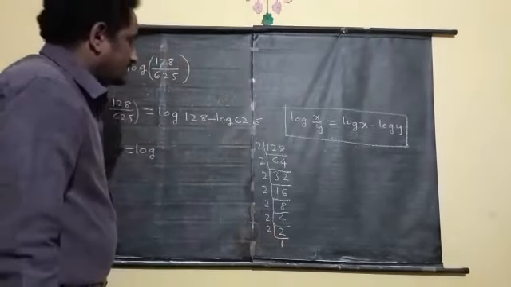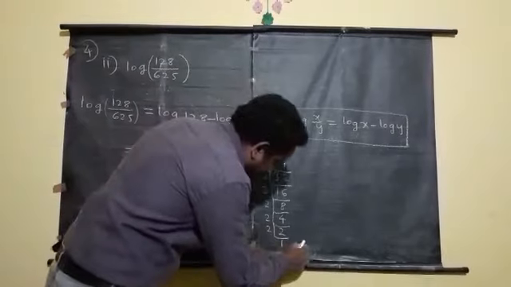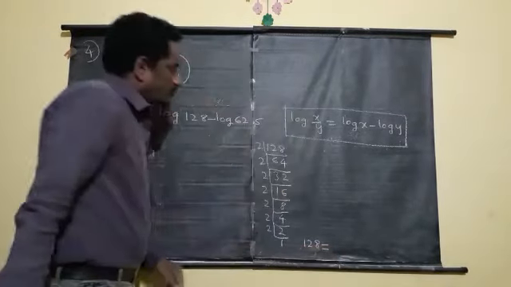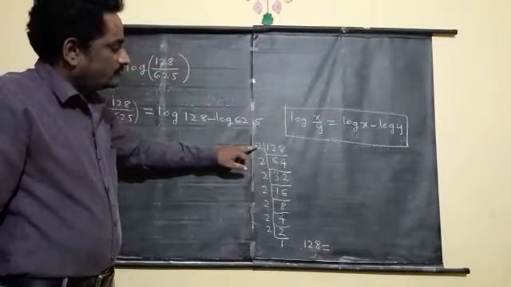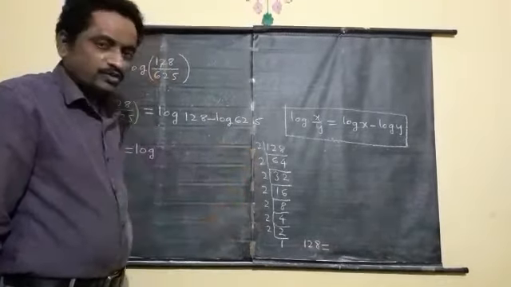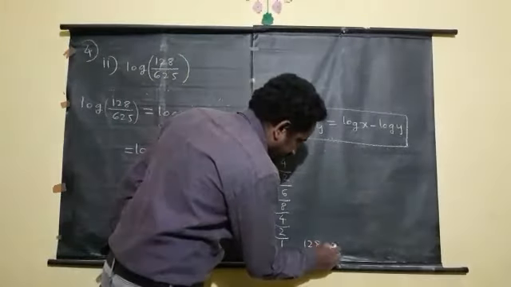So 128 is equal to what can we write here? How many times did 2 come? 1, 2, 3, 4, 5, 6, 7. 2 to the power of 7 we can write.